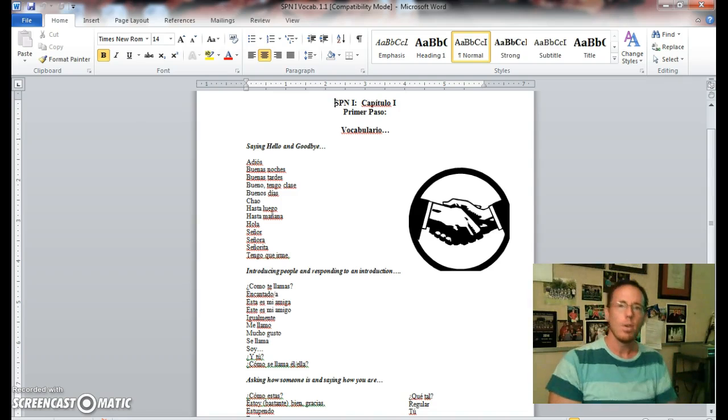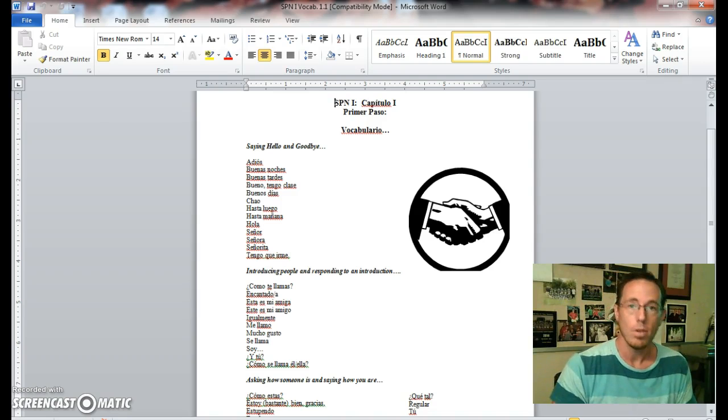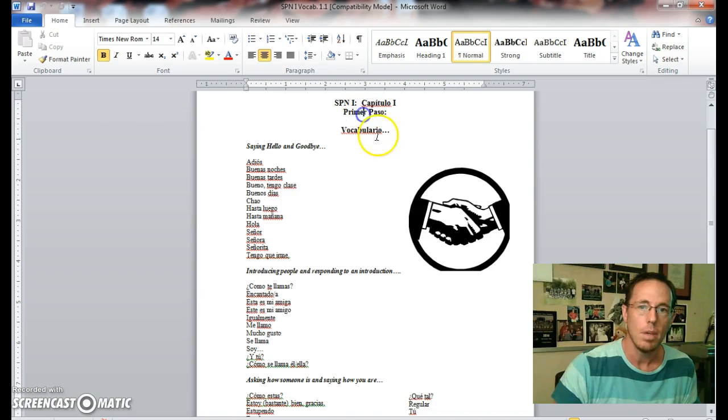The main intent is for you to be able to pronounce the information a little bit better and have a context of understanding, and for those of you who are parents watching at home, you can see some of the papers and the notes the students are receiving. These vocab sheets, which you see up here, Spanish 1, Capítulo 1, Vocabulario, are always given to the students.